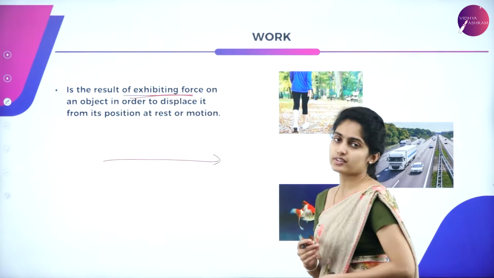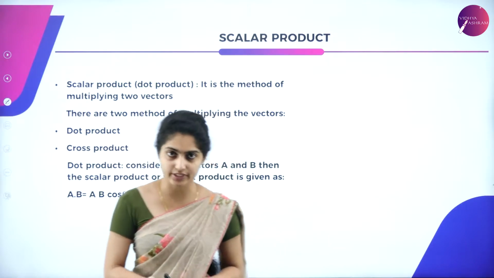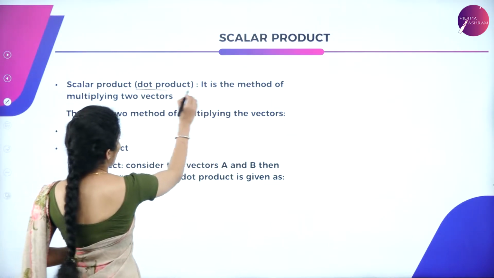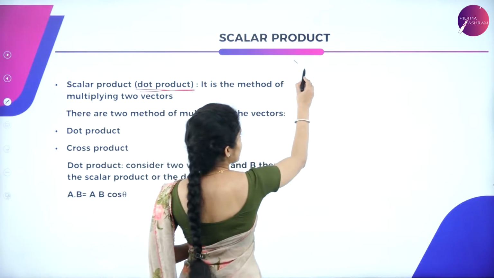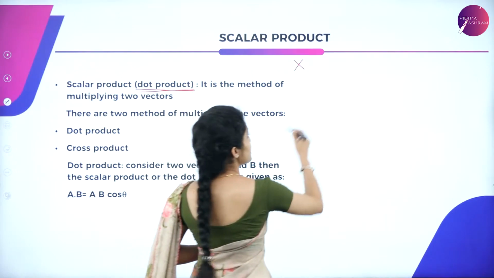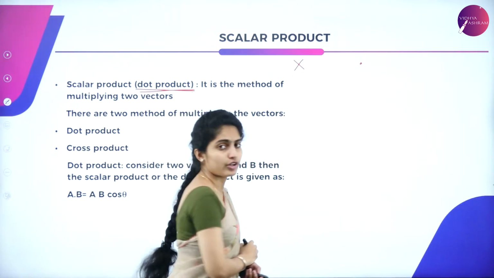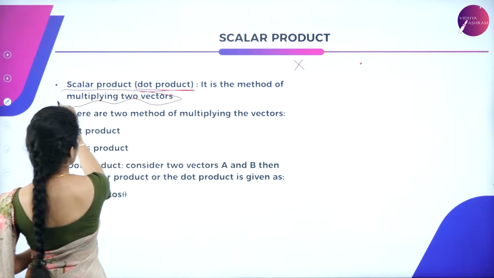So in this concept, first of all, let us study regarding the scalar product. Scalar product is also called the dot product. Here, instead of this for the multiplication, we use this, that is a dot product. It is the method of multiplying two vectors.